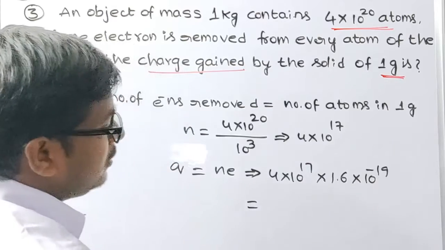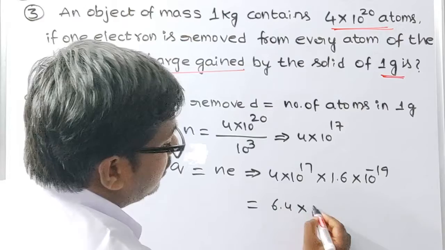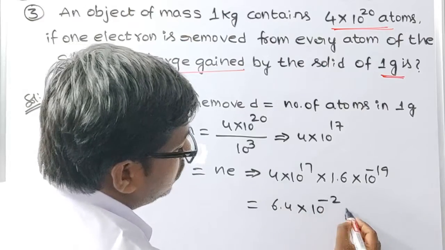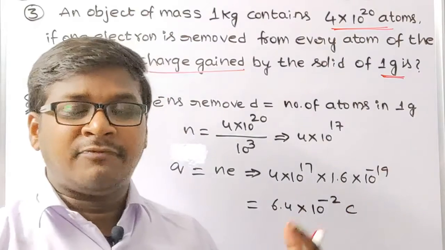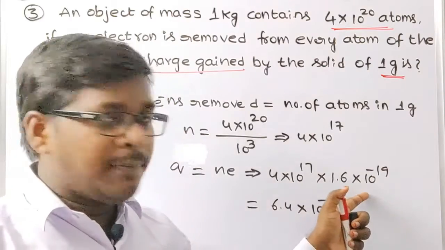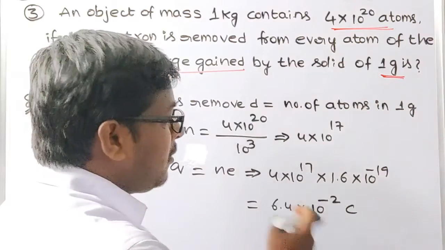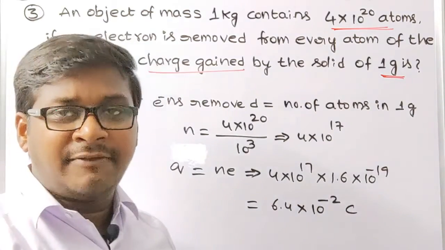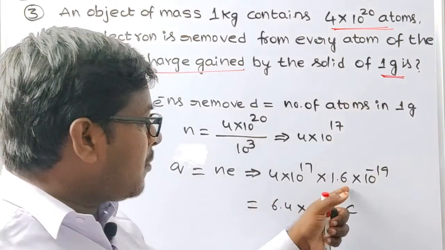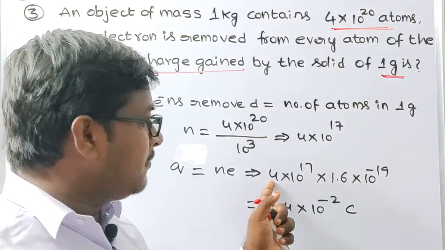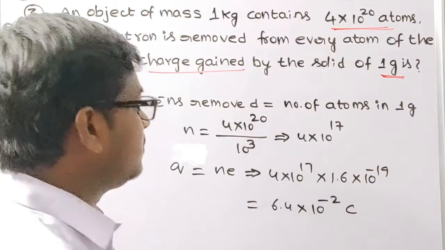Using a power m into a power n equals a power m plus n, 10 power minus 19 plus 17 gives 10 power minus 2. And 1.6 into 4 is 6.4, so Q is 6.4 into 10 power minus 2 coulombs. This is the answer.